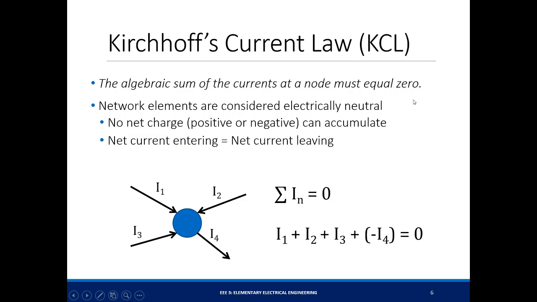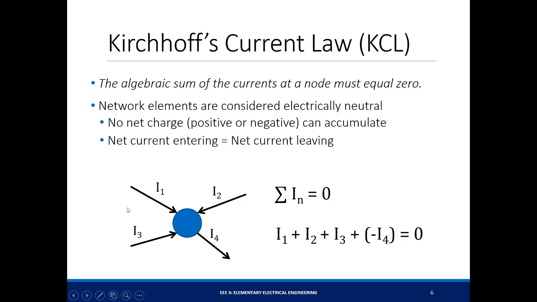0. So that means if you have different currents converging to a point, depending on their direction, their algebraic sum is equal to 0. So let's assume then that the current going into the node is positive and the current going out of the node is negative.